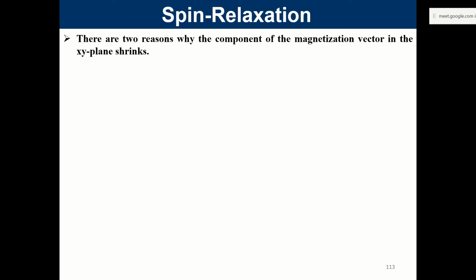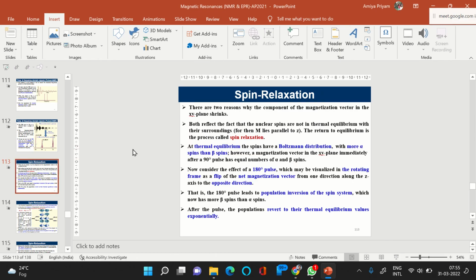We got to know about 2 different precessions: one about B naught, and another that happens due to B1, the radio frequency wave. We'll start relaxation tomorrow, and then we'd like to finish after spin relaxation. That's all for now.